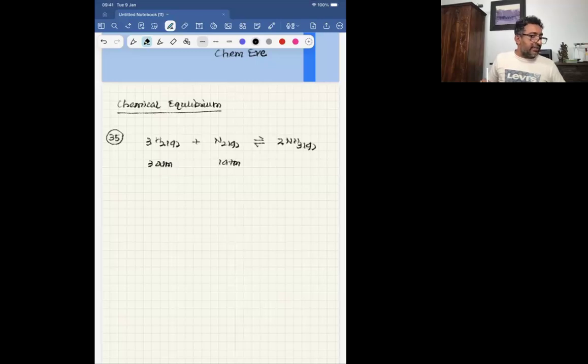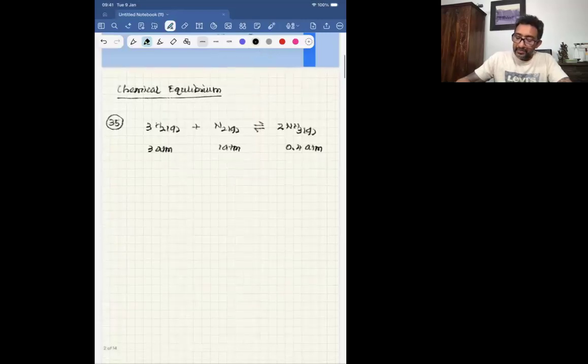If the partial pressure of ammonia in the equilibrium mixture is 0.4 atm, calculate the Kp.